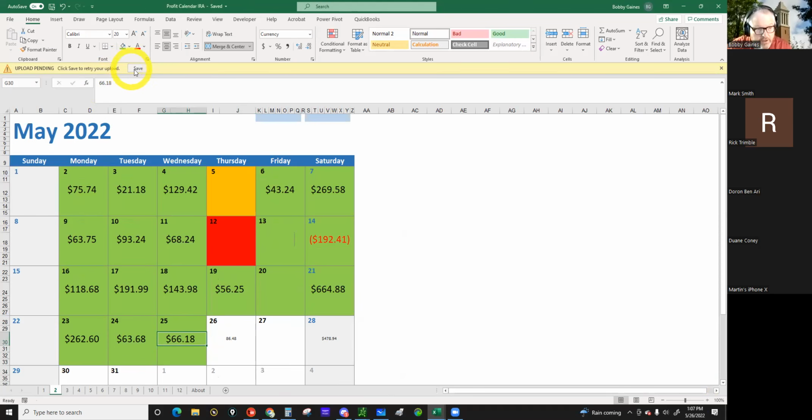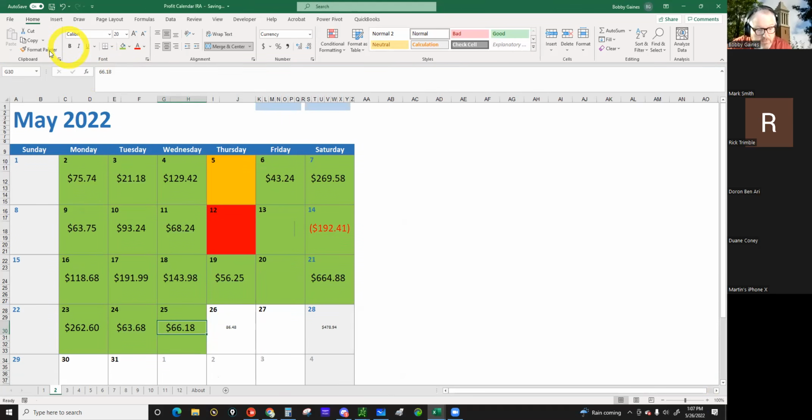Format painter, 86.48. Make this all green. So far this week, we have a realized profit of $478.94. So we've done 269. We lost 192. We're up 664. Had a huge week last week. And now we're up 478.94 this week. Beautiful. I think we're on target.